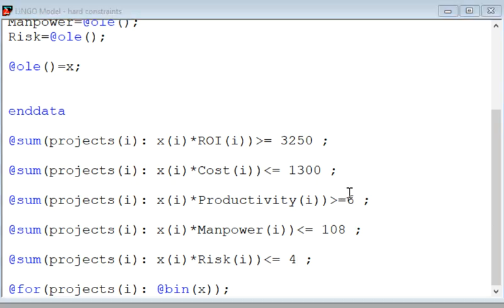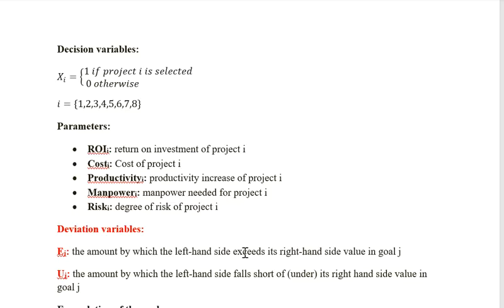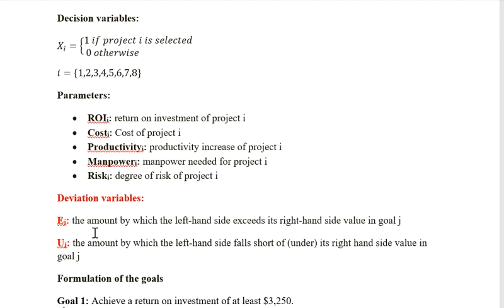Okay, so to turn these hard constraints into goals or soft constraints, we're going to have to define deviation variables, EJ and UJ.